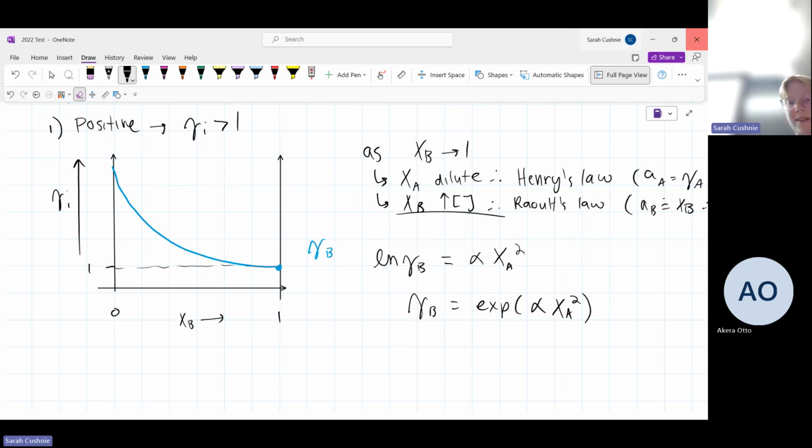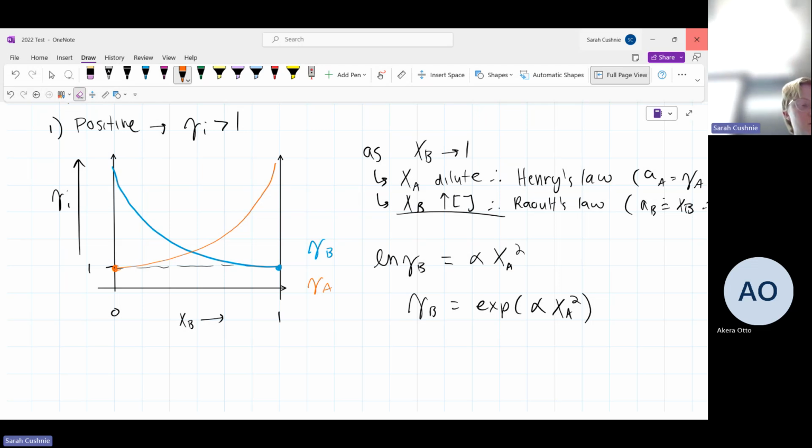So it's going to depend on xb, but it's going to have this exponential shape. And in this case it's going to be bigger than 1. If you want to be fancy, we can do the exact same thing for A. It's going to be the opposite of what we have for B, something like that.